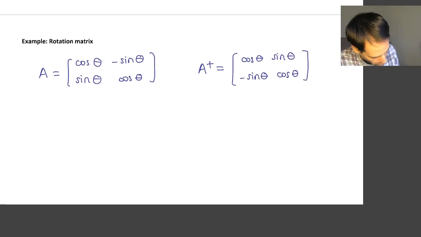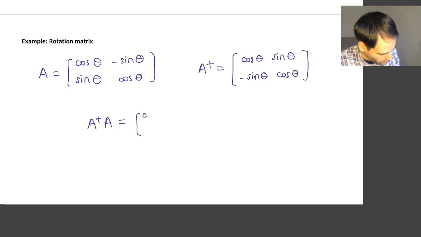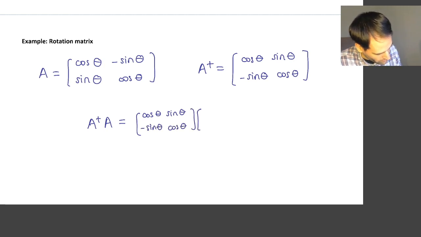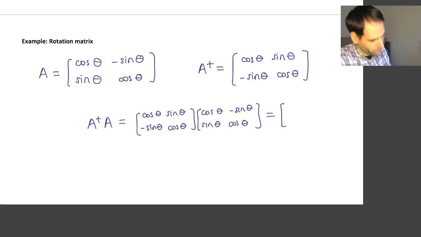Now we can check what A dagger times A is. So that would be this matrix times this other matrix. If you do the multiplication of these two matrices, the first element is cosine times cosine plus sine times sine.